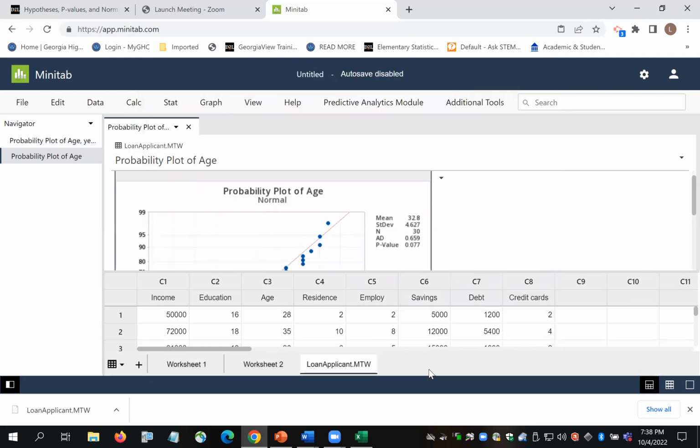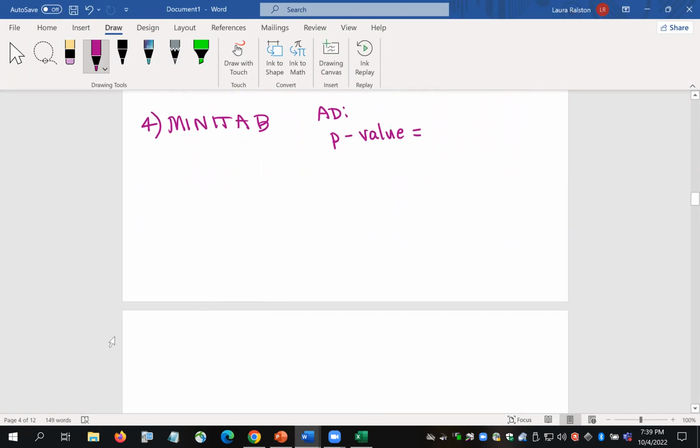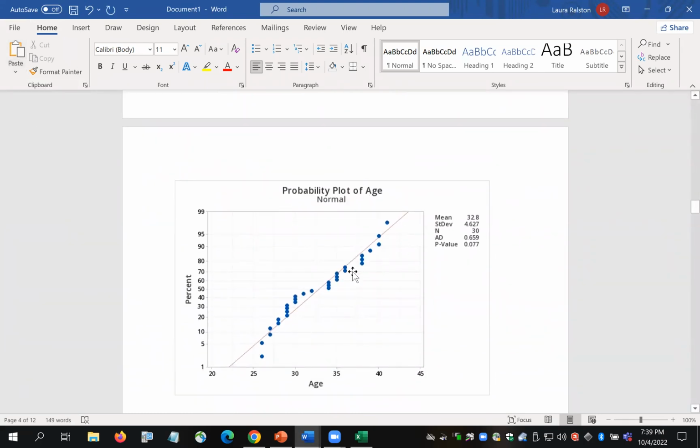And again, it comes up and gives me the probability plot. And again, this one you can see, if you look at it in comparison to the previous example, that the dots are a little bit more wrapped around that red line. Again, you're given the mean, the standard deviation, the sample size, and then you have your Anderson-Darling and its corresponding p-value.